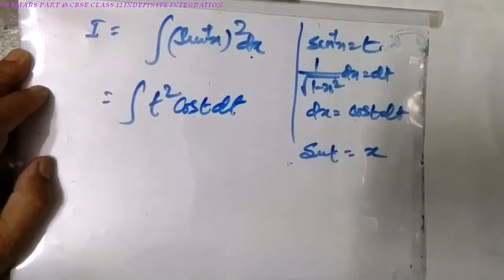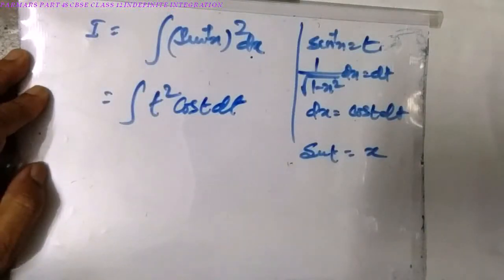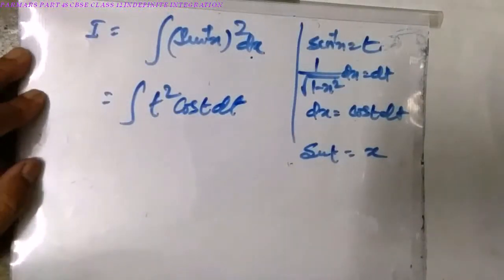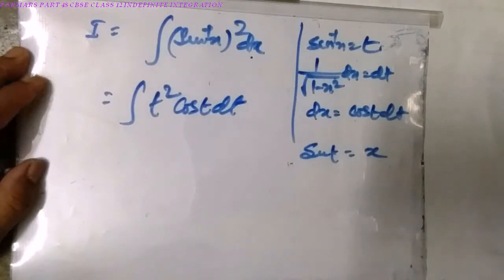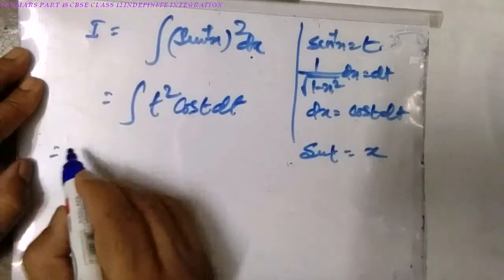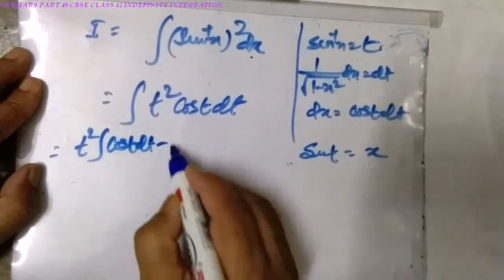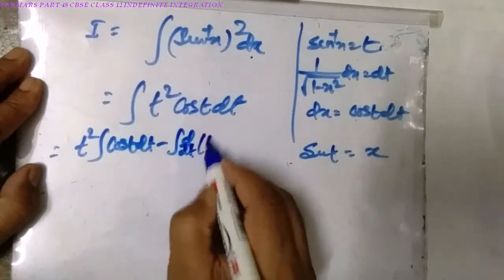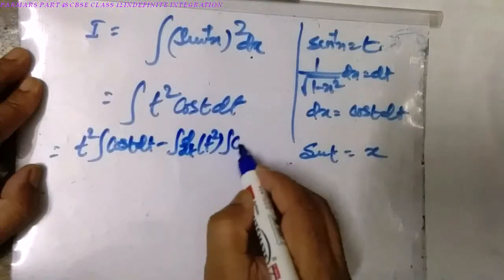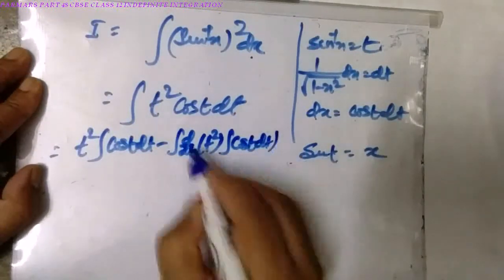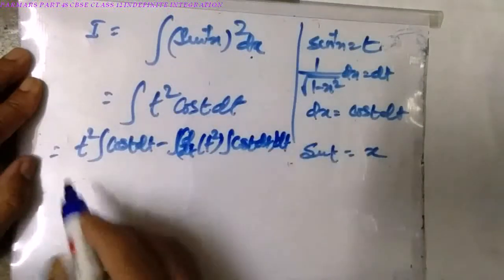Okay, cos t dt. So again, as we have done in the third question, x square e to the power x, what we have to do is t square cos t dt minus d/dt of t square times the integration of cos t dt, and then the whole dt integration.